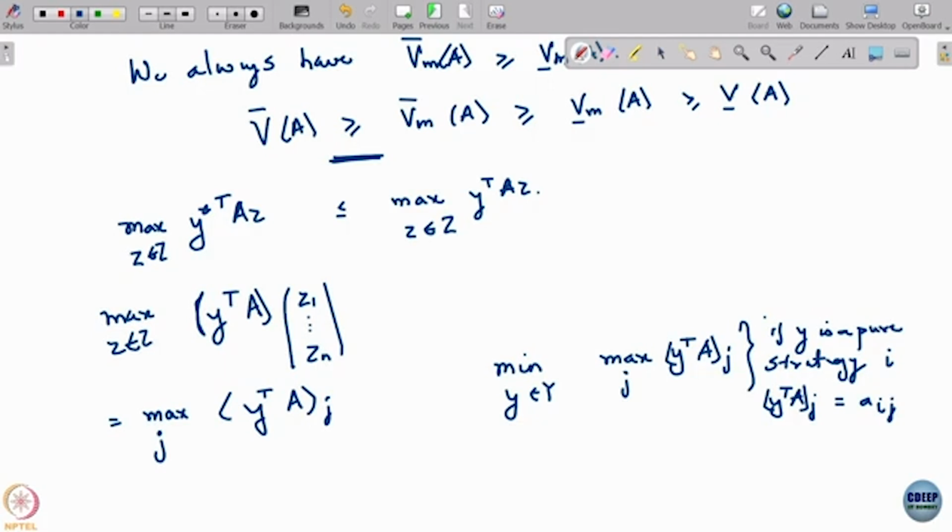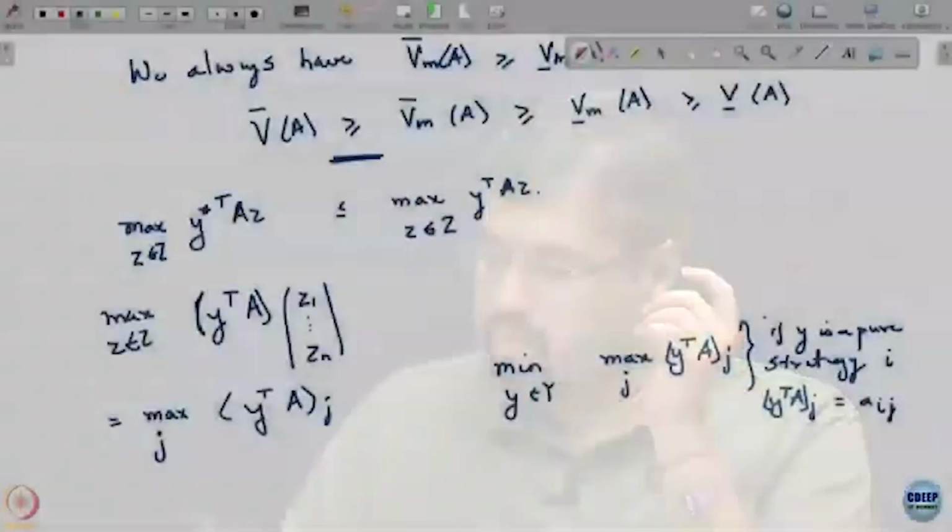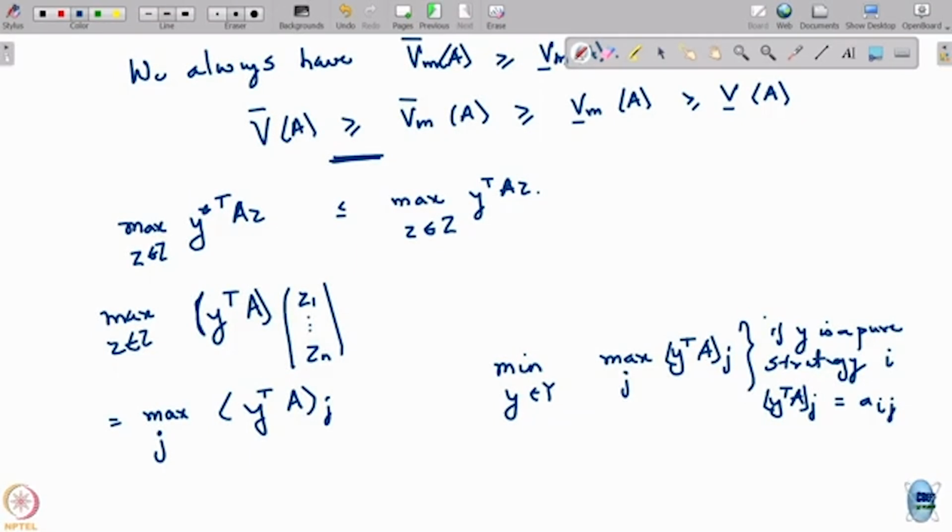That means Y is a pure strategy, which gives probability 1 to row i and all other rows get probability 0. So this is more general than minimizing over rows itself. Consequently, the minimizing value has to be lower, because you are minimizing over a larger set, since the set of mixed strategies is a larger set.